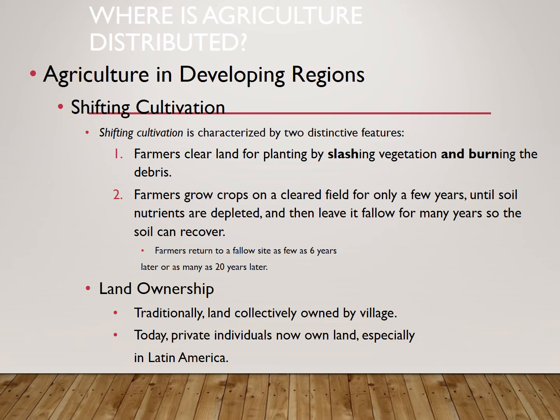This is what allows this to continue, right? If everyone owned all their land, they would probably think twice before burning some of it down or depleting the nutrients in the soil. And so this is only going to take place in areas of the world where the population density is pretty low. But again, it's getting harder for people because so much land is now privately owned.